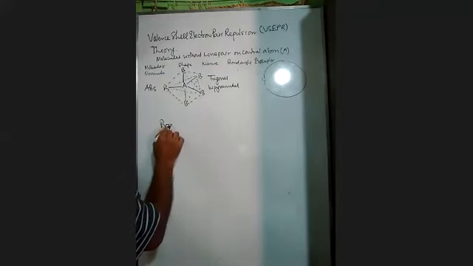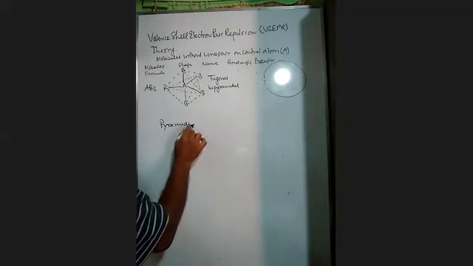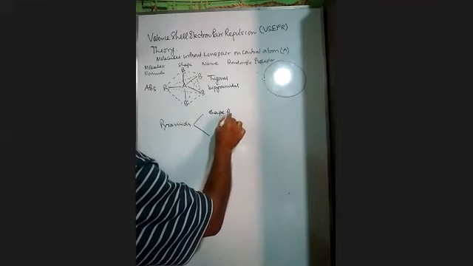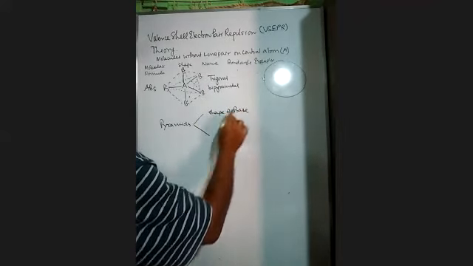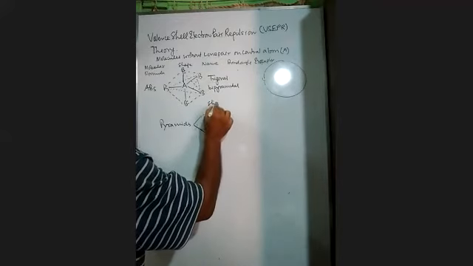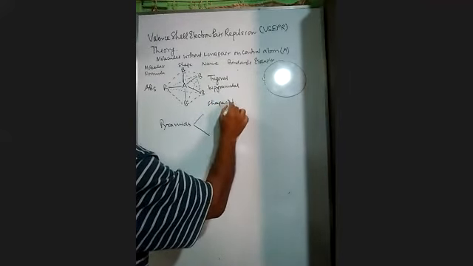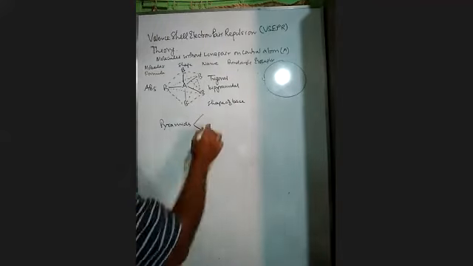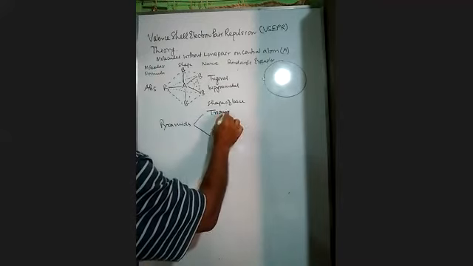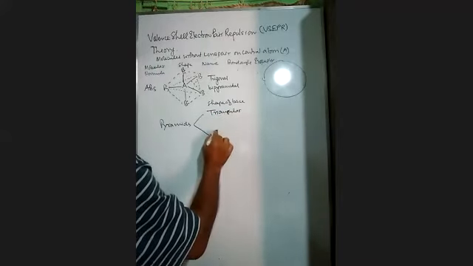Pyramids. Now, pyramids are of two types. How is the shape of a pyramid decided? By the shape of the base. So, the base can be triangular, and the base can be square.